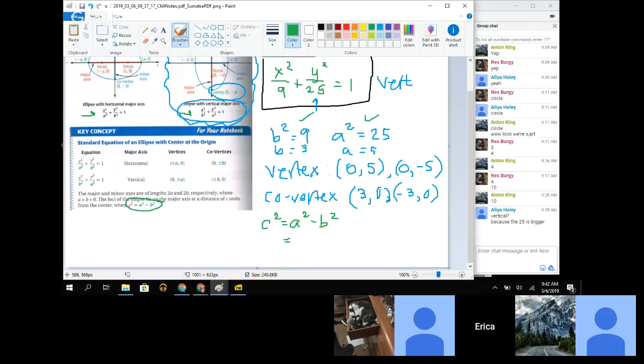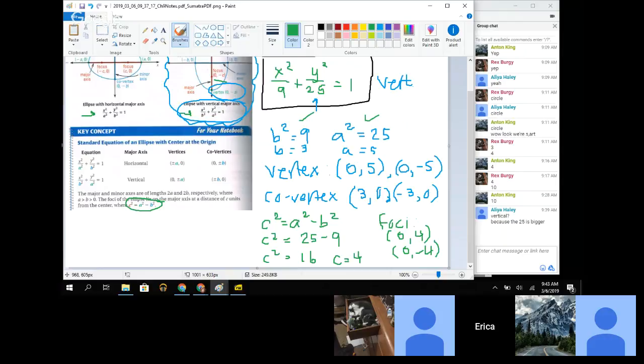So a squared is 25 minus b squared, which is 9, and that equals c squared. c squared equals 25 minus 9, which is 16. So that means c equals 4. So that means that our foci, our focus points, are at 0, 4, and 0, -4.